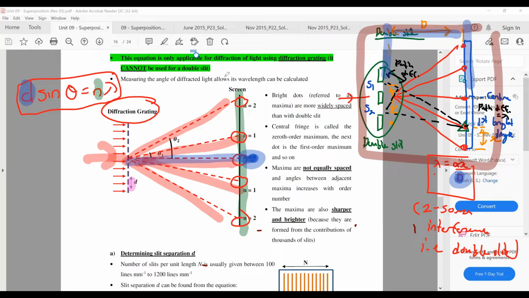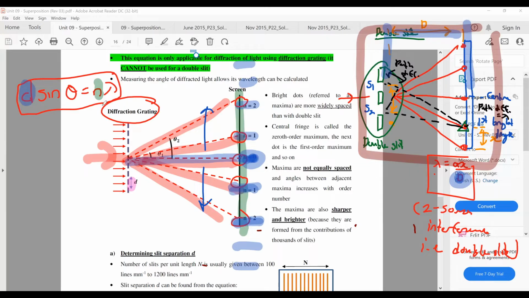And then as you go further from the center line, you start to number it 1, 2, 3, 4, 5. So if I go upwards here, this is the first order, second order, third order, fourth order, and so on. And then on the other side below, it will still be labeled first order, second order, third order, fourth order. All right, so that is what the n there means.